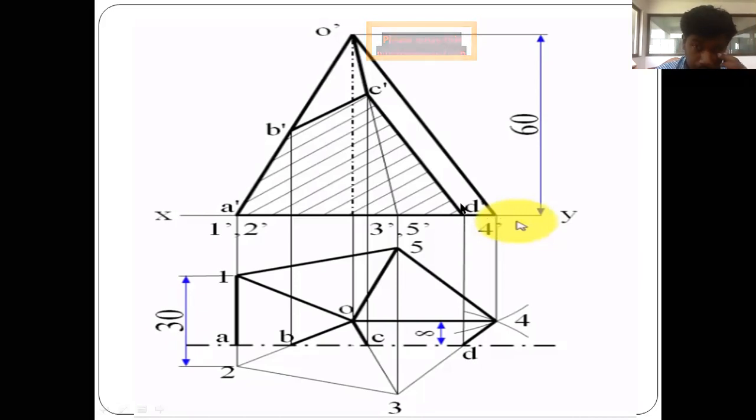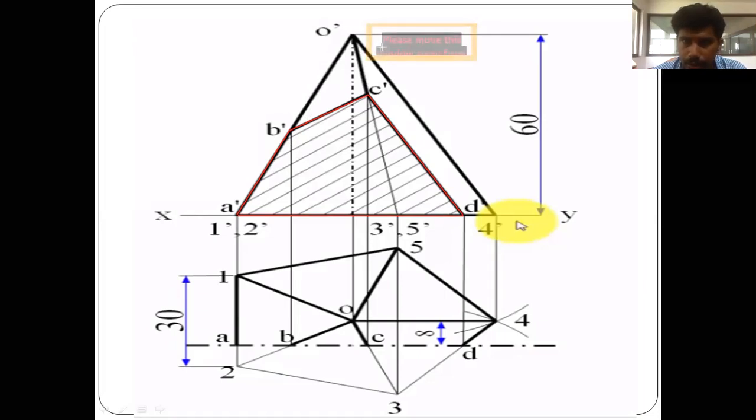Join all the points and hatch this portion, which will be the true shape of the section. So this portion will be the hatched one. So this portion is exactly the true shape of the section, and whatever things are there, the hatched ones, they are the visible lines, they are not hidden lines.